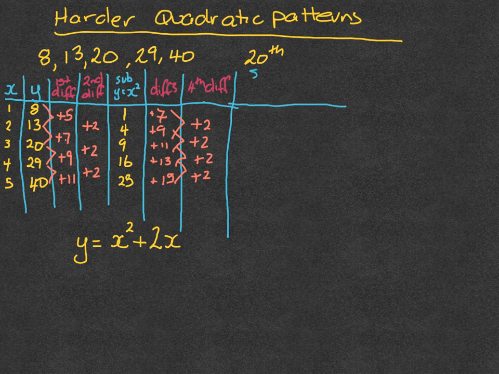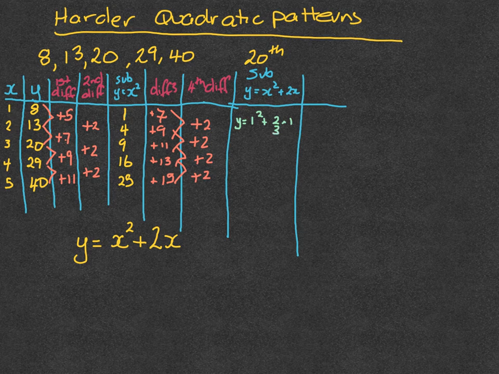So substitute values of x into y equals x squared plus 2x. Let's put this down. I'll go into green pen this time. So 1 into this, y is equal to 1 squared plus 2 times 1, so that equals 3.